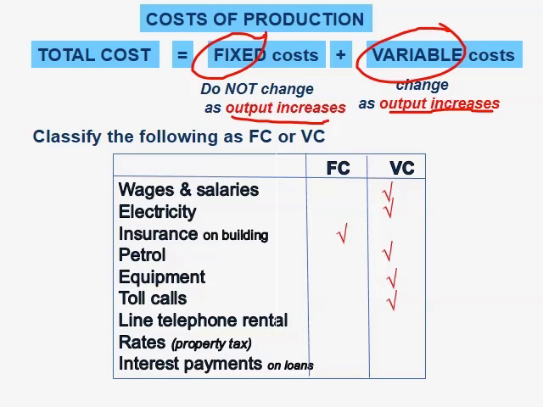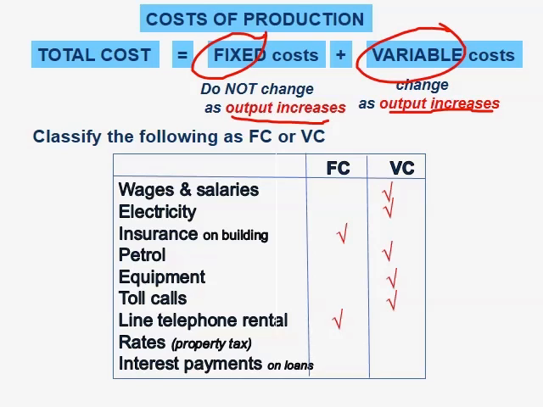The line telephone rental, fixed, because it doesn't matter how many students are in here. Basically, the cables come in, and whether there are 100 students or 1,000, ACG will pay for that rental. Again, similarly, rates, which is a property tax.